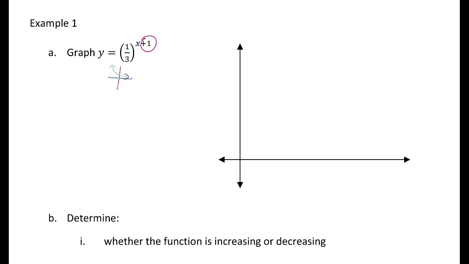Plus 1, again, is going to be my horizontal because I'm impacting my x. It's inside that function. And it's going to be a shift. And specifically, if you remember opposite signs, we do the opposite. So left.